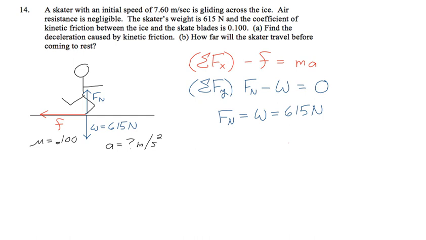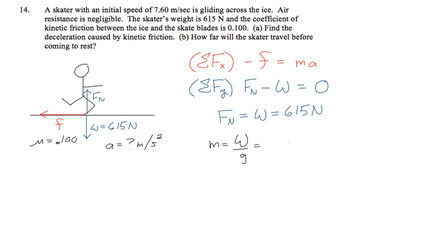I could solve for the mass because I know the weight. So the mass is going to be W over g. Notice how I'm not doing it in red or blue because the mass is not a vector quantity. It's a scalar quantity, so I'm putting only vectors in red and blue on my picture.